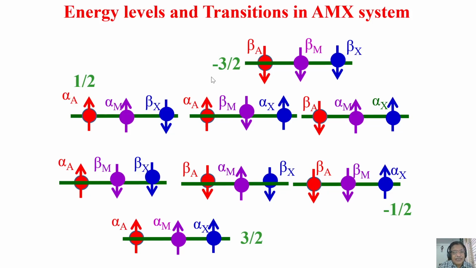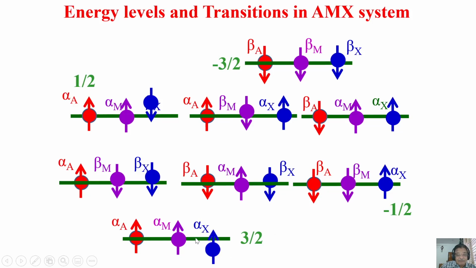I don't want to go into the details because we discussed this in the last class. Just to see only A transitions, or X transitions. In this case, beta of X is changing to alpha of X, with a change in the magnetic quantum number between these two energy states of 1. From 3 by 2 to minus half is 1. Half to minus 3 by 2 is minus 1. This is an allowed transition.